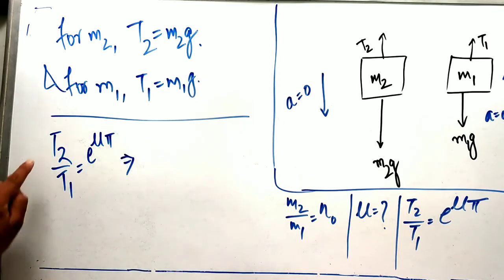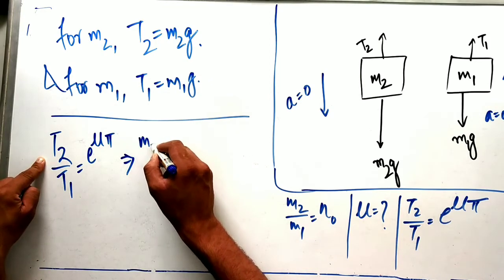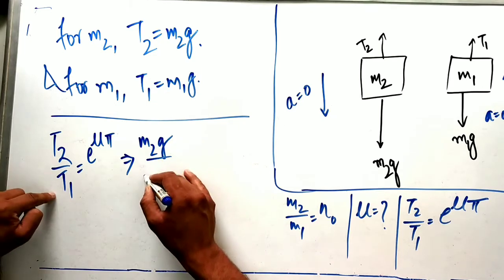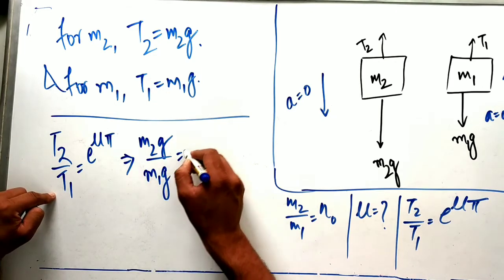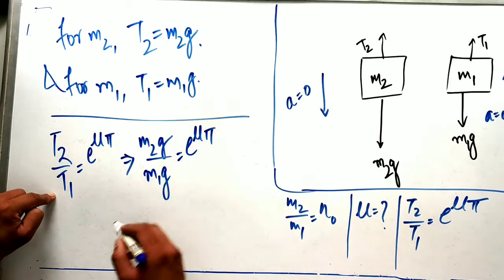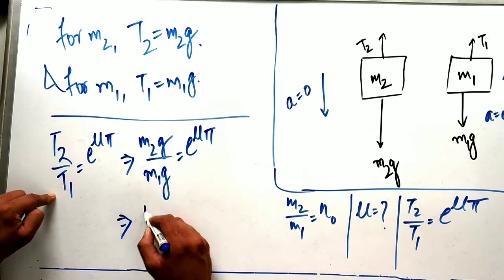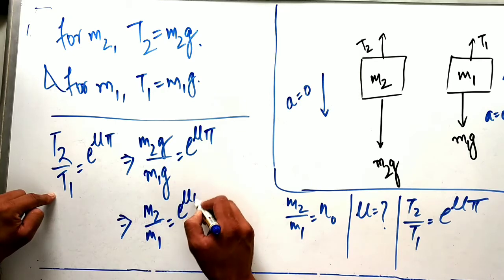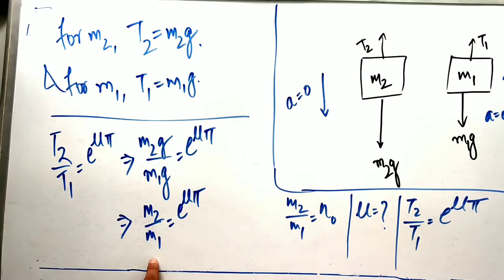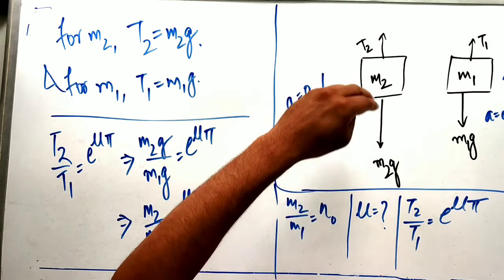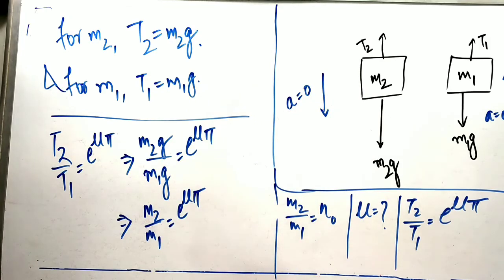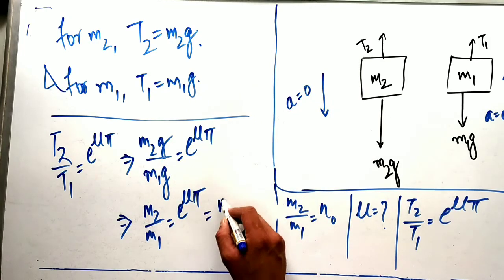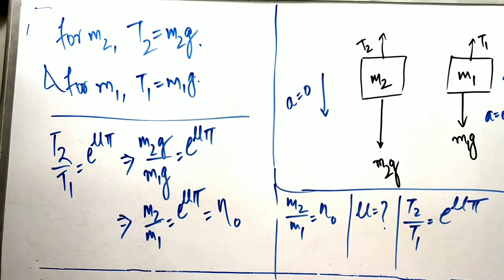This gives us M2g divided by M1g is equal to e to the power mu pi. This implies that M2 by M1 is equal to e to the power mu pi. But we already know from the start of the problem that M2 by M1 at the time the thread starts to slip is equal to eta naught. So we have eta naught equal to e to the power mu pi.